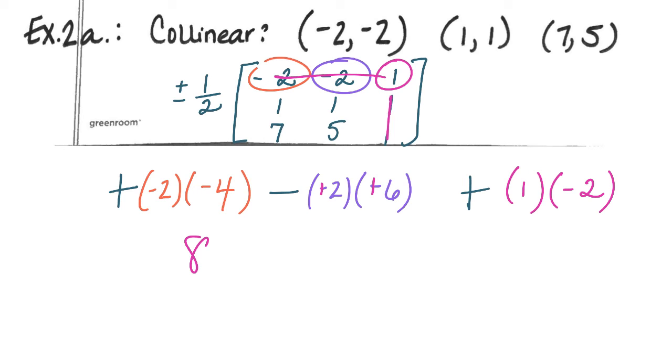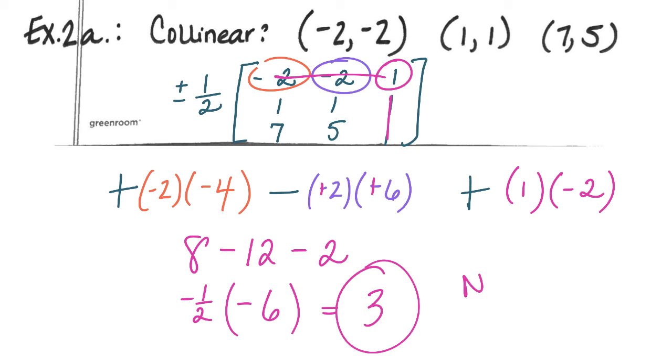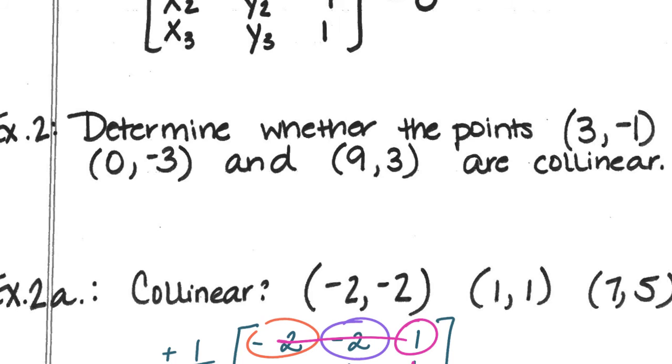Here I end up with a -12 and a -2. Oh, this one was just asking me if it's collinear. So I know that this is a -6. And again, if I had to take the opposite, remember the actual area would be 3. This one is not collinear. So that one was just asking us whether or not it was collinear. This one was not. What about example 2 above? Are these collinear? Yay or nay?